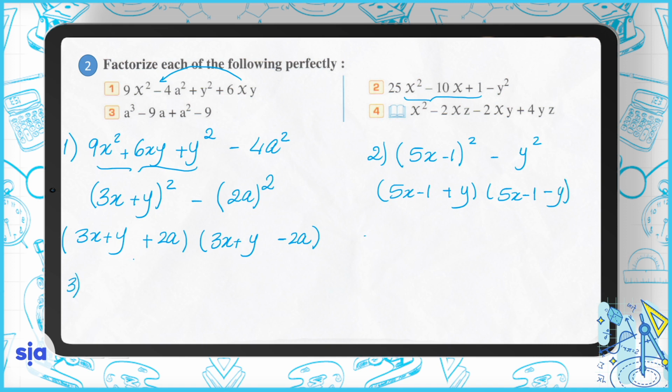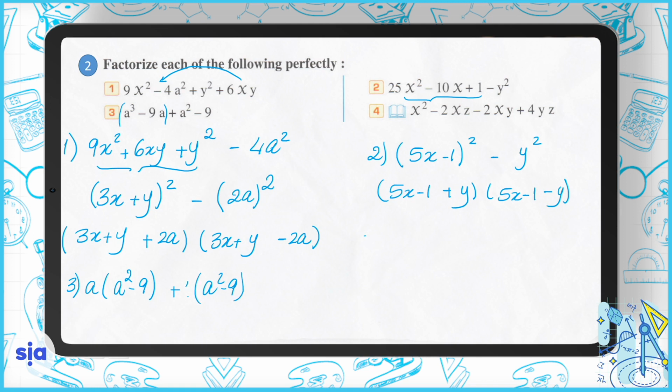Question 3. If we have a to the power 3 minus 9a plus a squared minus 9, if we group the first two terms together, we can take a as a common factor, and what's left inside the bracket will be a squared minus 9, where in the other one it's a squared minus 9.